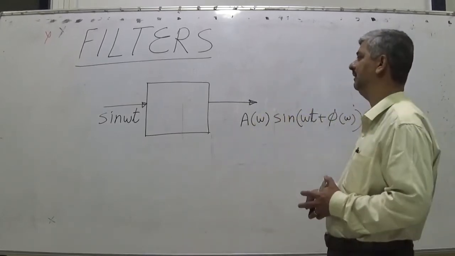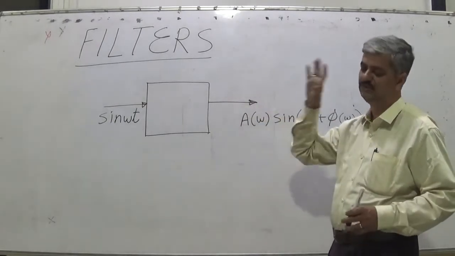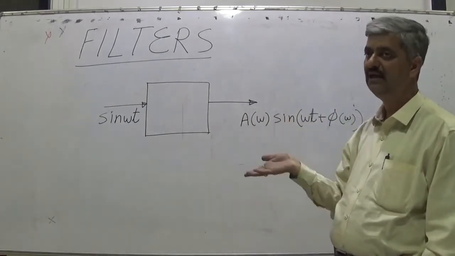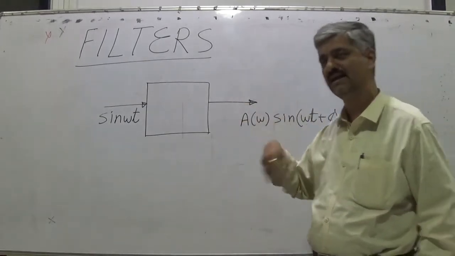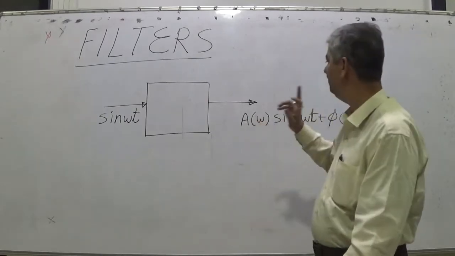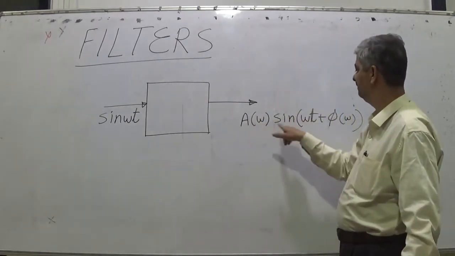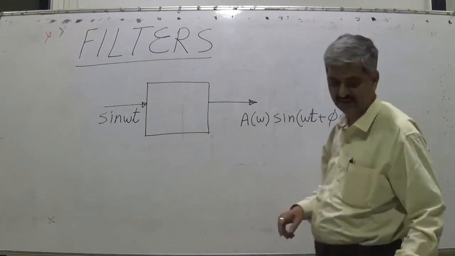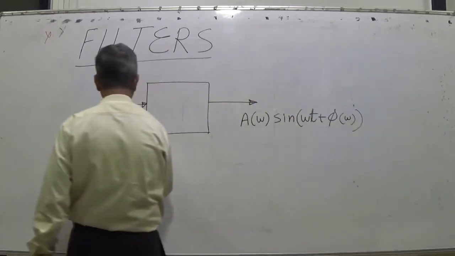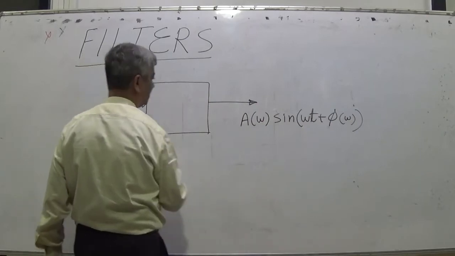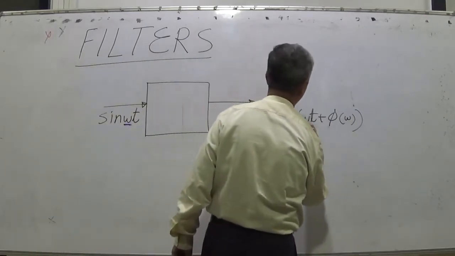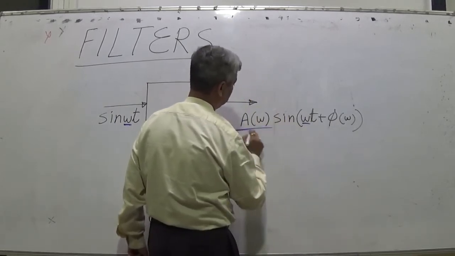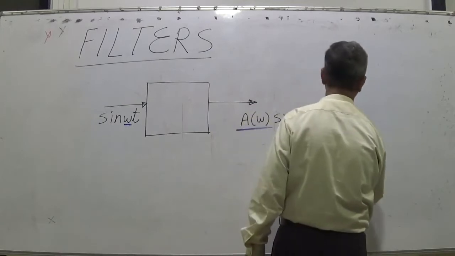So for any network which you construct using R, L and C and multipliers and adders, the output would be A(omega) sin(omega t + phi(omega)). The sinusoid maintains the same frequency, and because of that you can talk about amplitude gain and phase shift.